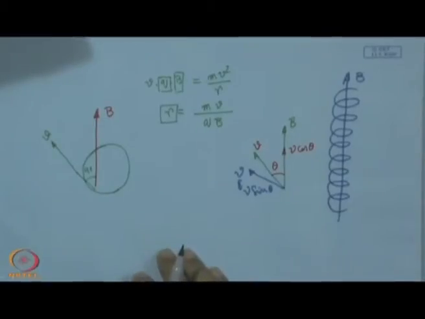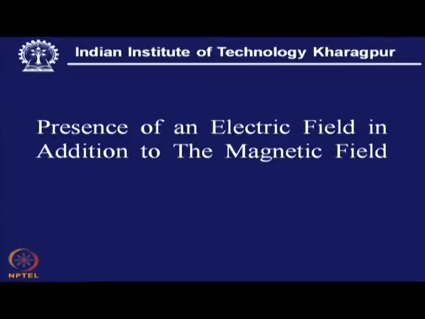Now comes the case where we have an electric field in addition to the magnetic field. We are coming very close to a sputtering situation, where one electric field already exists, but we would like to add a magnetic field.